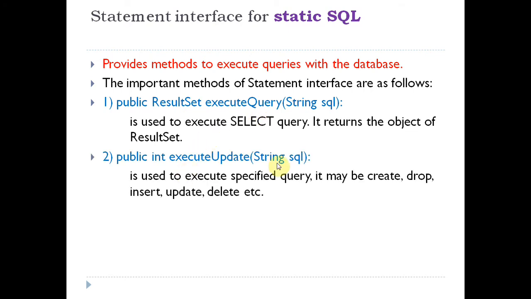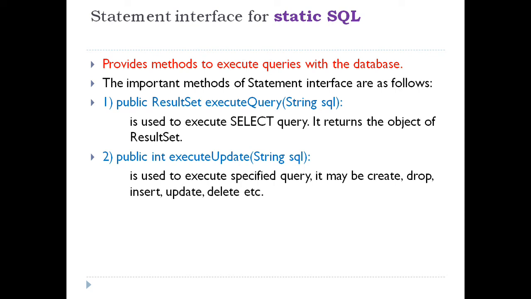Then execute update. This method is used to execute updation statements like insertion, deletion, updation, creating, dropping, etc. So what will be the output of this execute update? The database will be updated, and the status of the database will be returned, that is whether it is correctly updated or not.